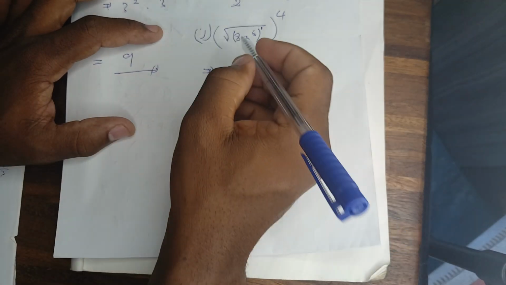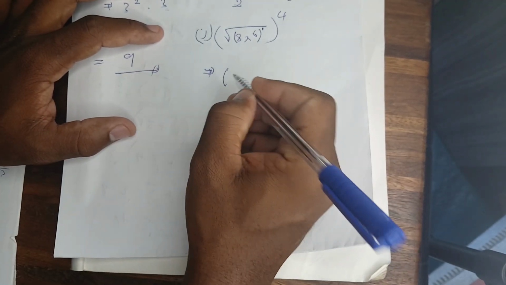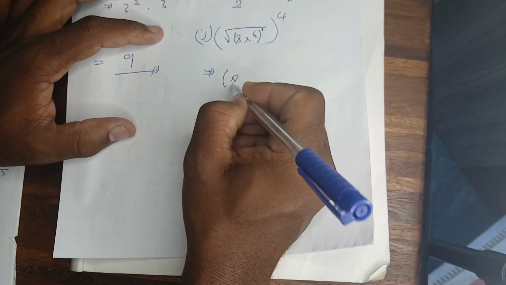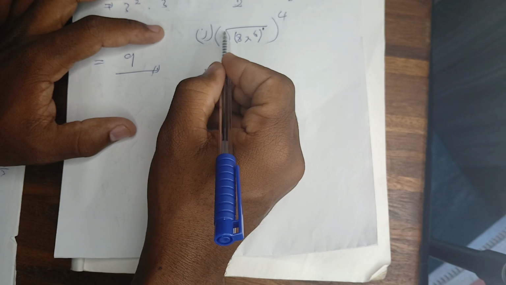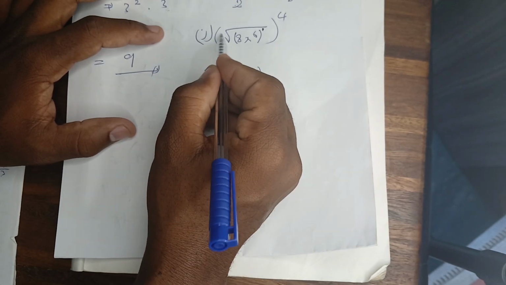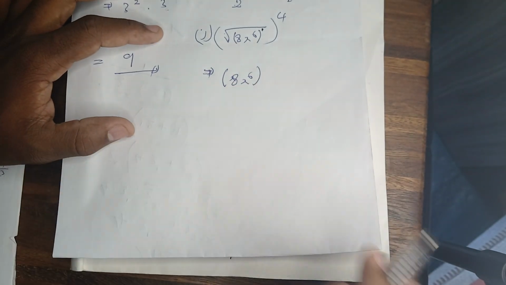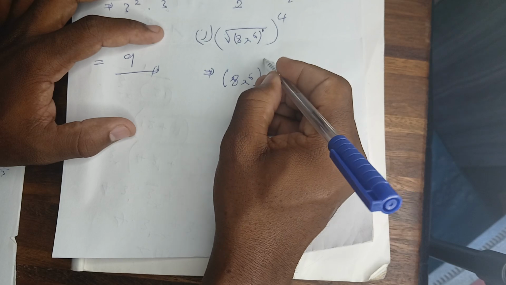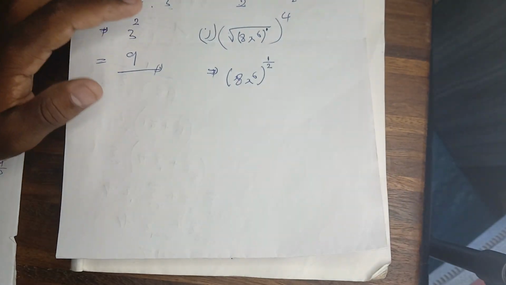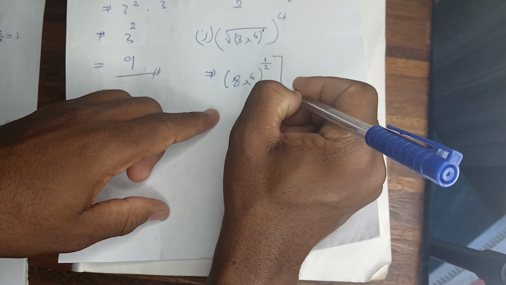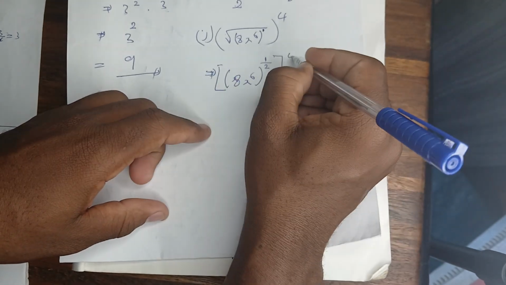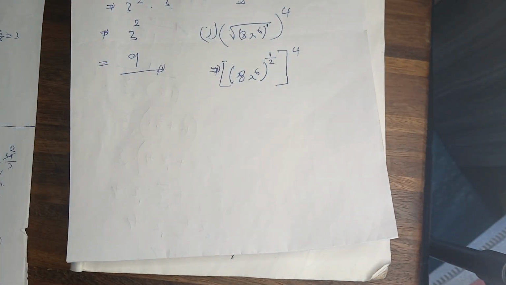Then from there I'm going to write this as it is. So it's going to be 8 x to the exponent, and we know that there is 1 here, right? Since it's 1 and this is 2, we have a 2 on our root. So the 1 goes on the numerator and this 2 goes on the denominator, like this. But let us not forget our exponent to the power of 4.